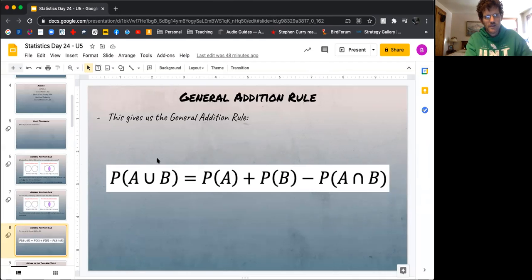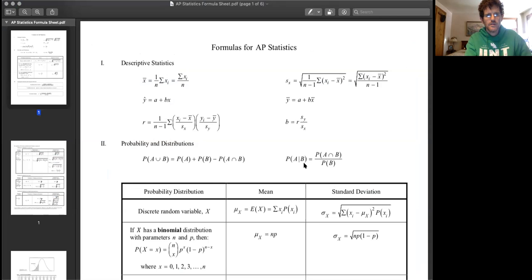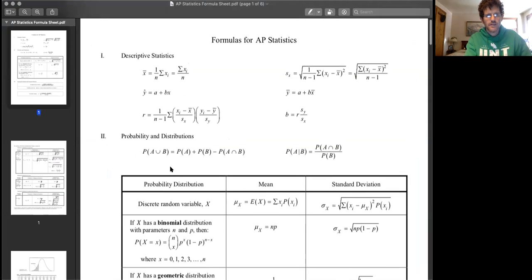So my field trip, you can't see what I'm doing, but I'm pulling up the formula sheet real quick. Pretty soon, I'm gonna be switching over to the formula sheet quite a bit to show you what's on here. So there we go. Luckily, you can see this is on the AP formula sheet right there. So you're good to go.